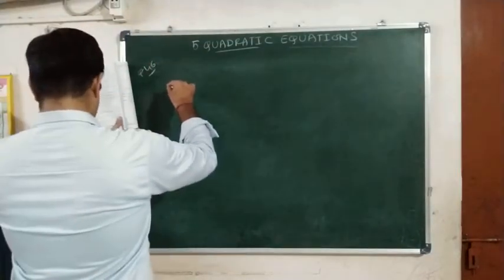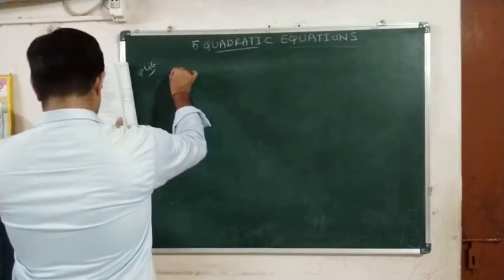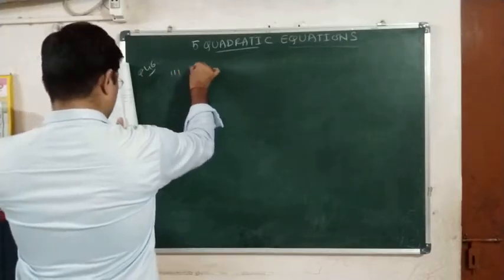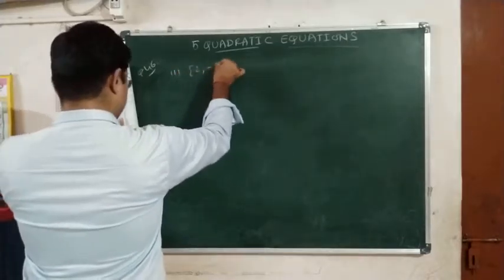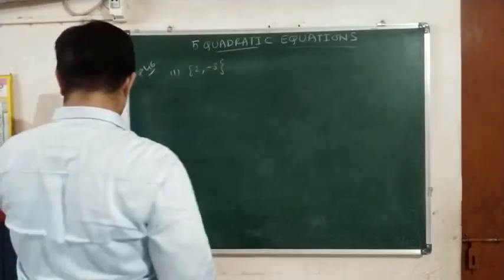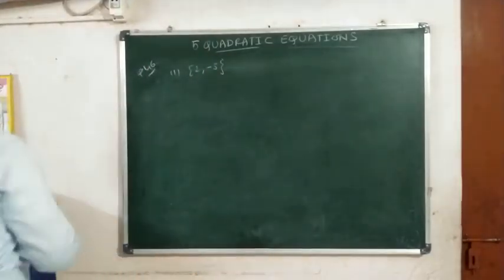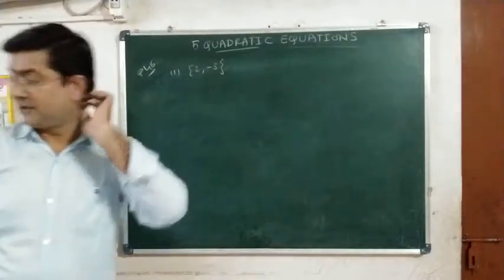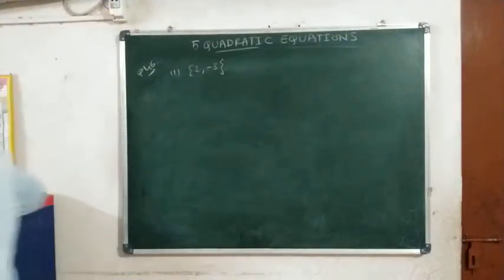Find the quadratic equation whose solution set is given. In this case, you are given the solution set, and we have to find the quadratic equation. Okay, it is quite easy. Let us find out this.